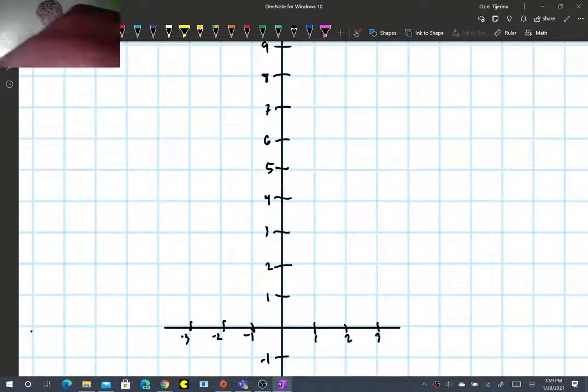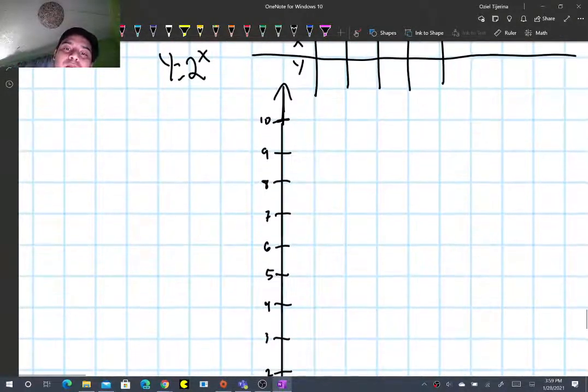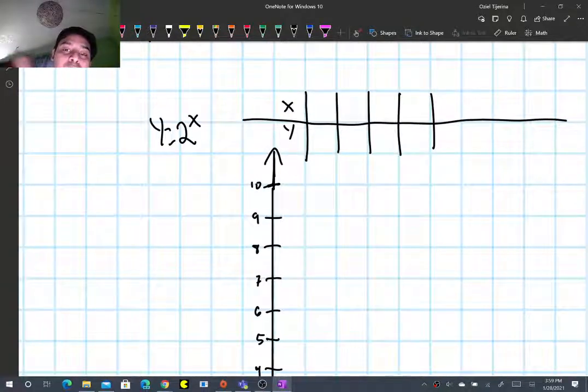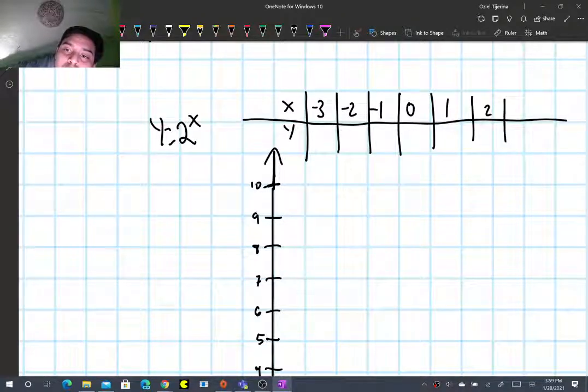So we're gonna just do up to 3. The way that I would do this, I would just start plugging in table values. I'm gonna go -3, -2, -1, 0, 1, 2, and 3.